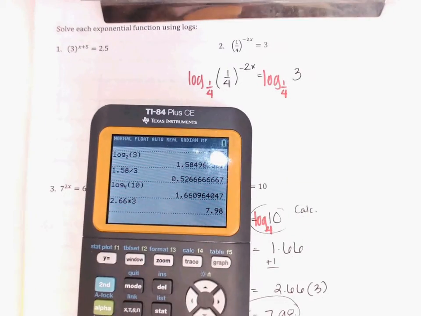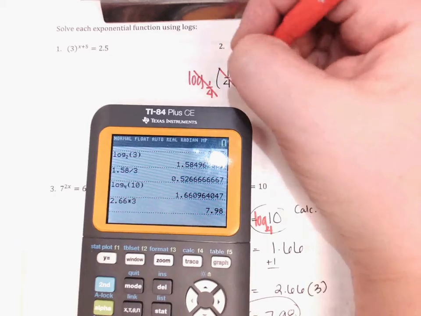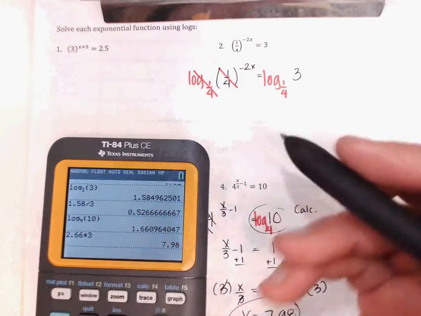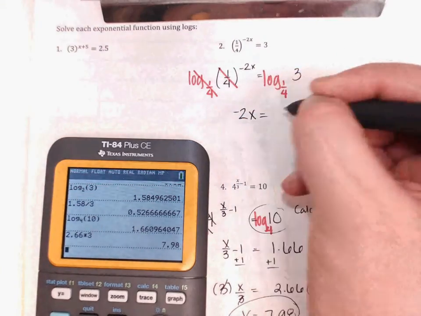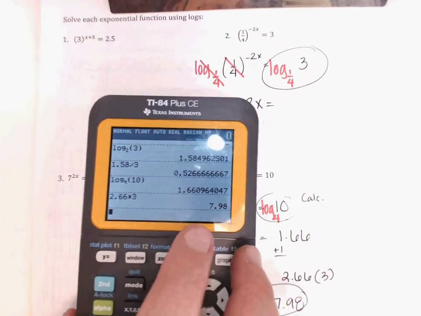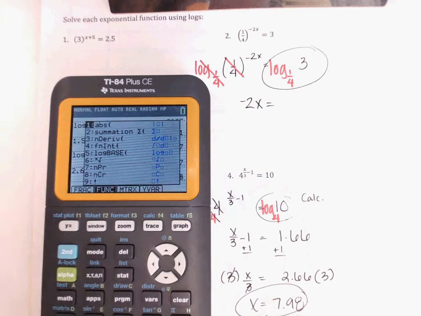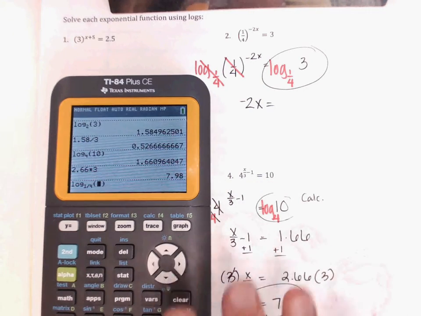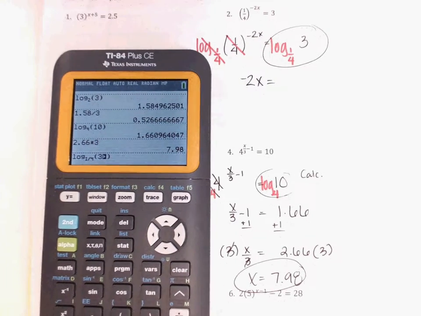So it's the exact same thing. These guys still cross out. Your negative 2x is still going to come down. But then when you put that in the calculator, it's going to look like this. Alpha window, number 5, 1/4 in the little box, and then 3 in the big box. You see it just like that.